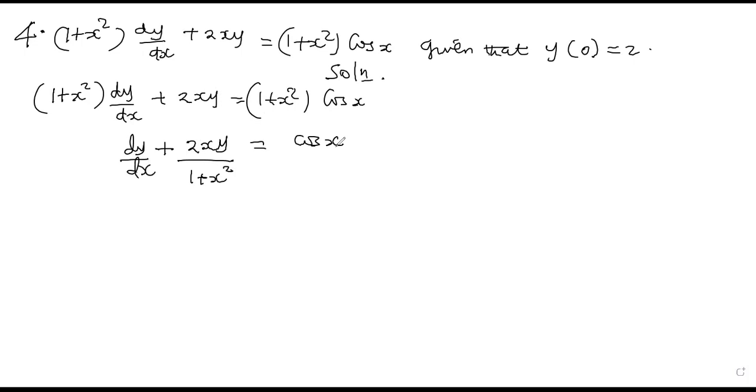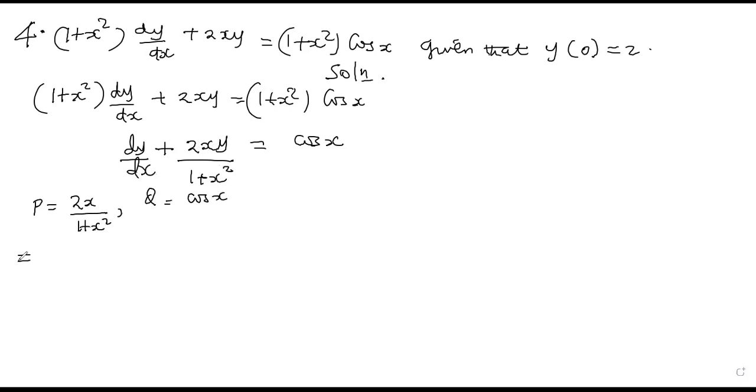Now, after having gotten this, it means that our P is equal to the coefficient of y: touch on y and write the rest. 2x over 1 plus x squared. Then our Q is cos x.